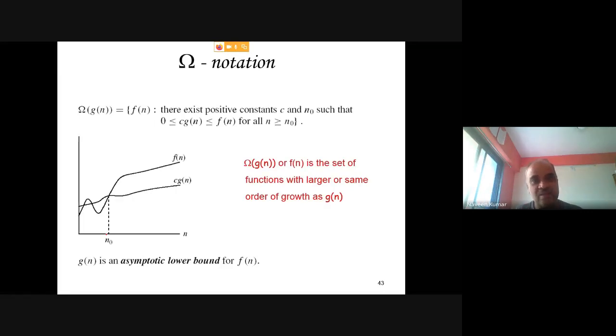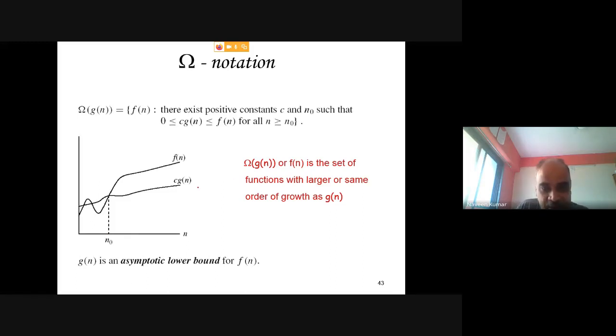Big omega basically gives a tight lower bound. Lower means it should be towards 0. It says that actual time should always be greater than or equal to some function g(n). Tight means equal to, right?